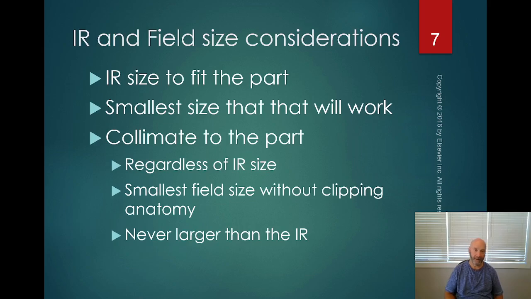And your field size should never be larger than the image receptor size. You're not going to record anything that's outside of the image receptor size anyway. So if you're not going to record it, the only thing that you're adding is patient dose if your field size is larger than your image receptor size.